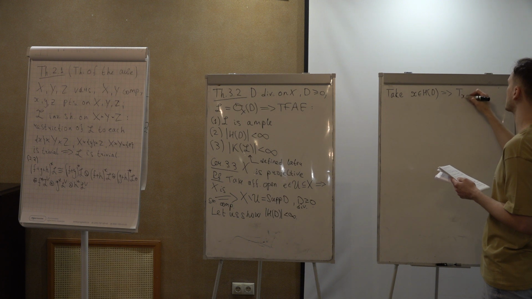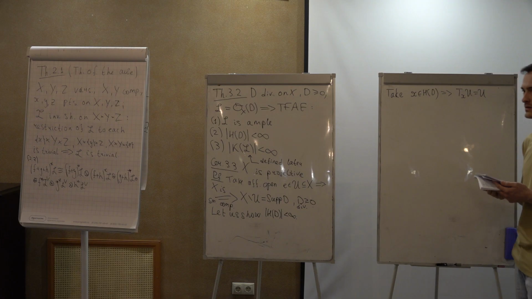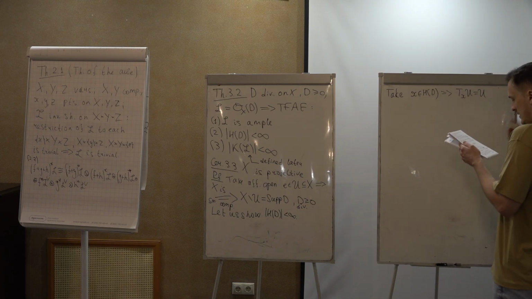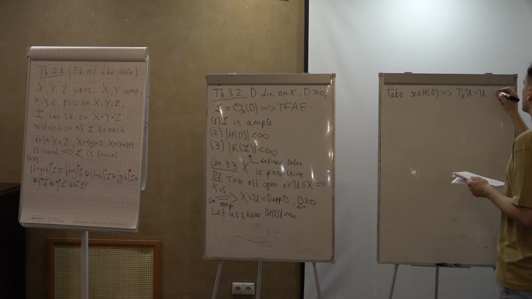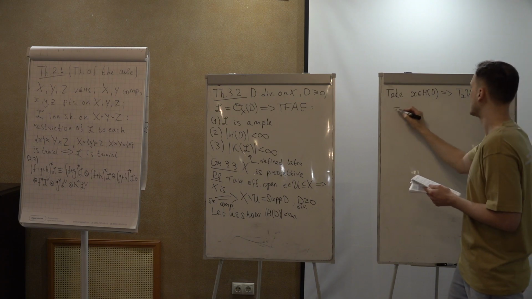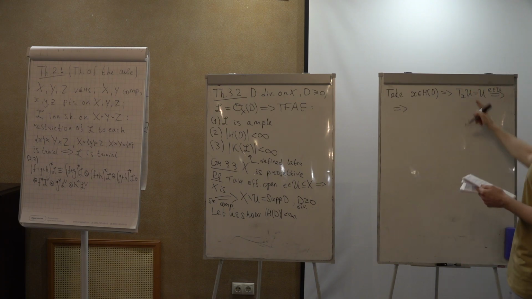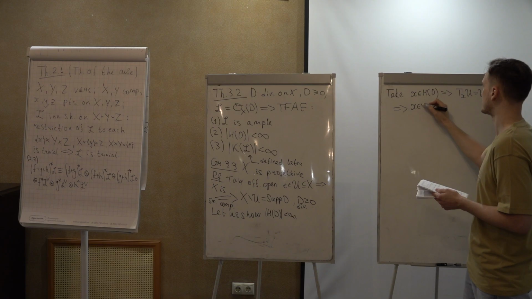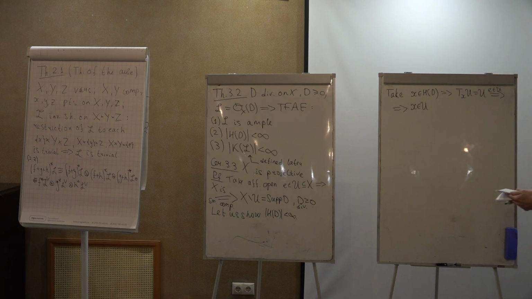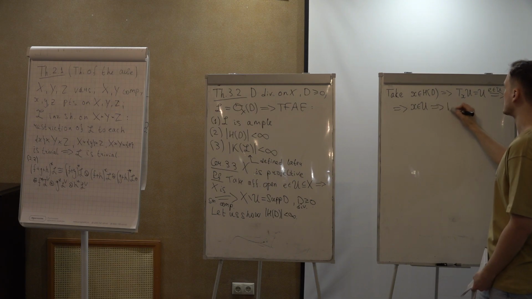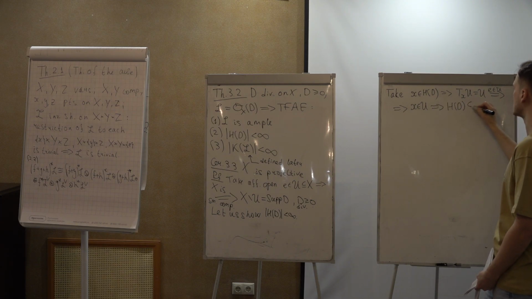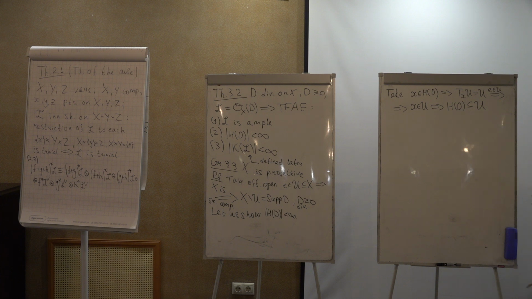So the translation by x of U equals U. But since we have the identity in U, we have x in U. And so we have an inclusion: H of D is contained in U. And what do we have here?